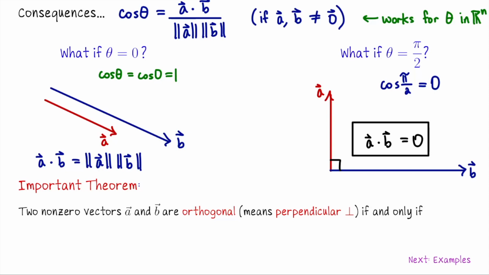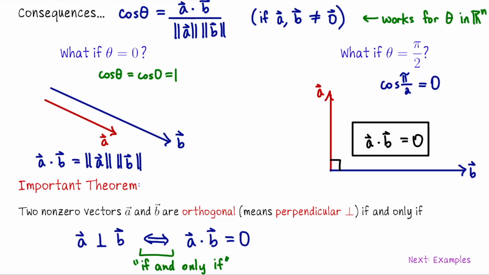Two non-zero vectors A and B are orthogonal, which is the word we use most often to say perpendicular, so a 90-degree angle between them, if and only if their dot product is 0. We can say that A is perpendicular to B if and only if A dot B is 0. Here I've used the phrase if and only if, and that is what this double arrow symbol I drew down here means.